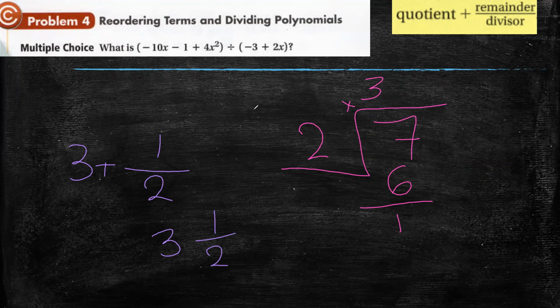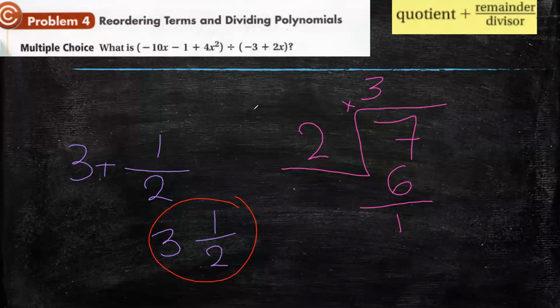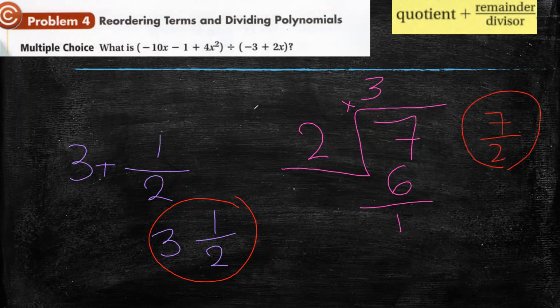I don't know if you know this formula, but what does it mean? It means if you have a mixed number and you want to write it as a fraction, you multiply by 2, then add.